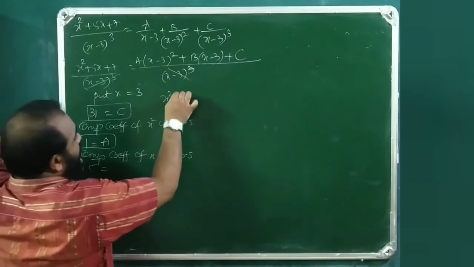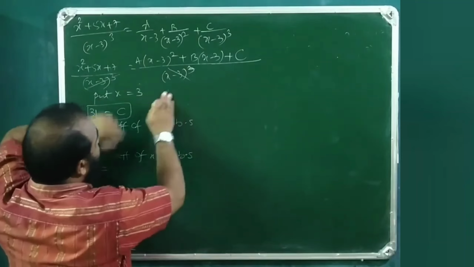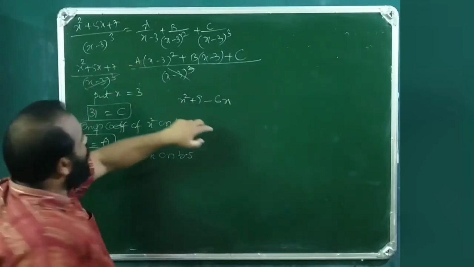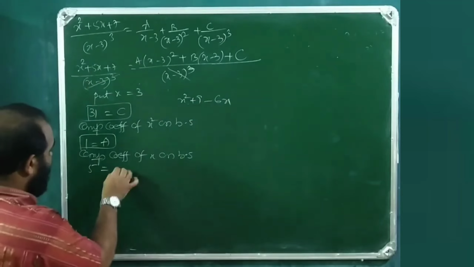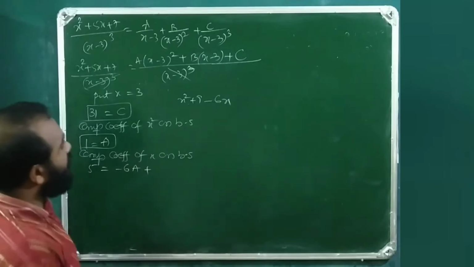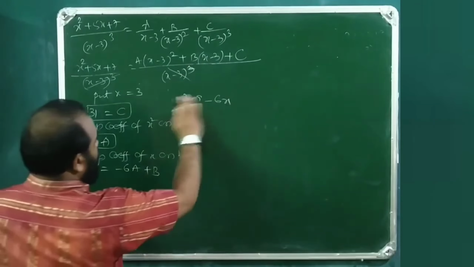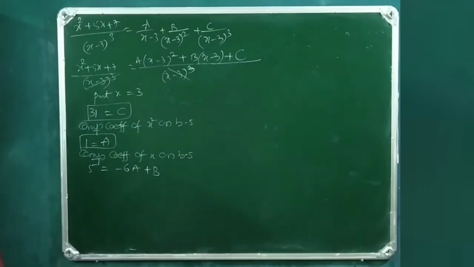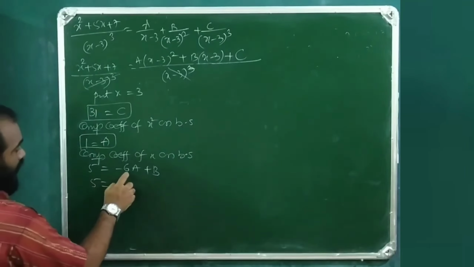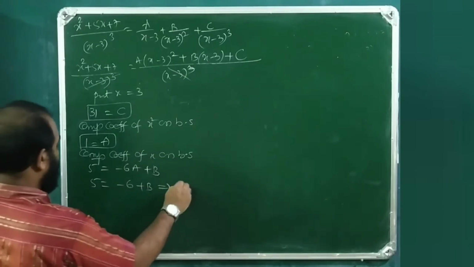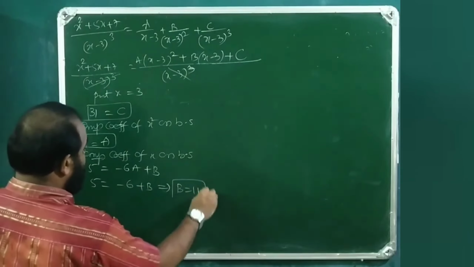On the other side, (x minus 3) whole square gives x square minus 6x plus 9, so the x coefficient is minus 6a, plus b. So 5 is equal to minus 6 plus b. Therefore b is equal to 5 plus 6, which is 11.